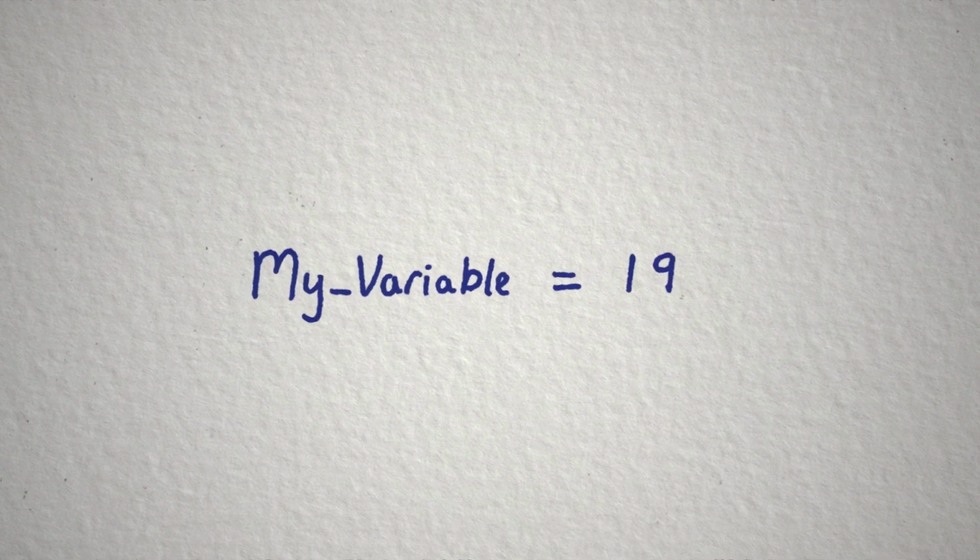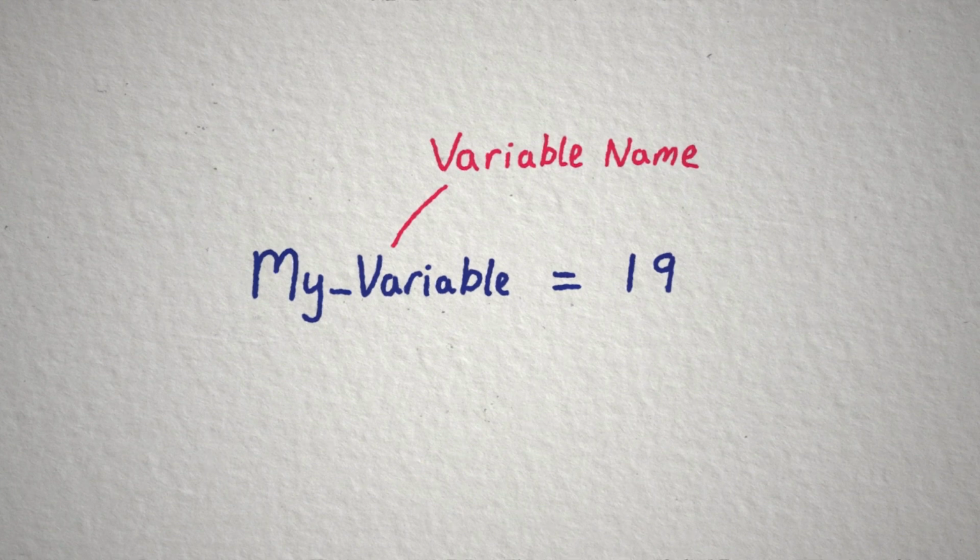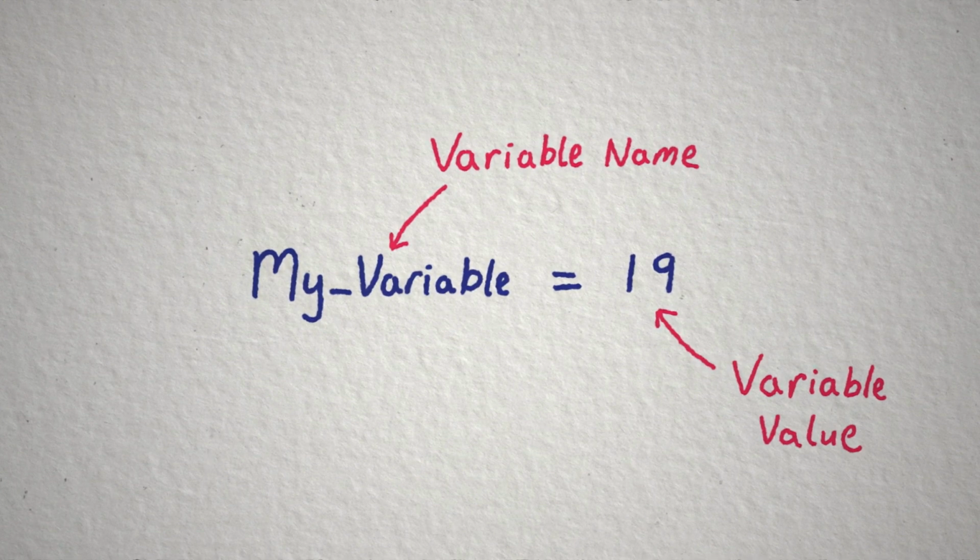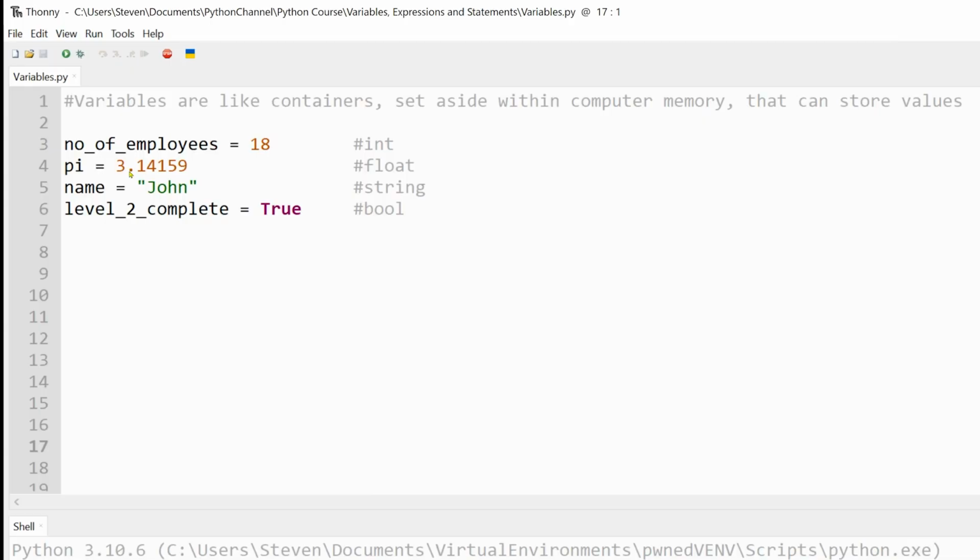All you need to do is write down a descriptive name for an item you want to store and assign it to a value. I've written a few examples in my Thonny editor. So here we have 4 different variables, each having their own unique data type.